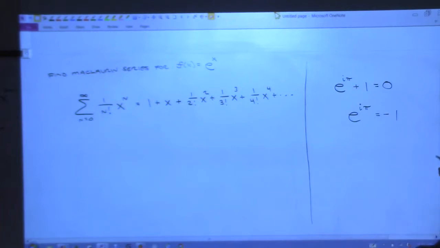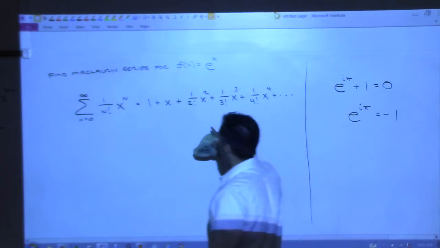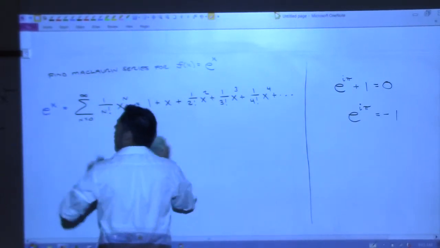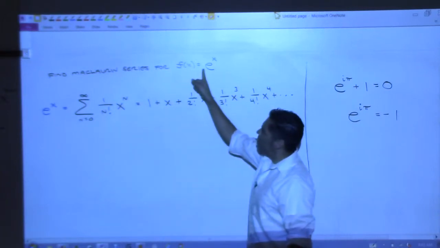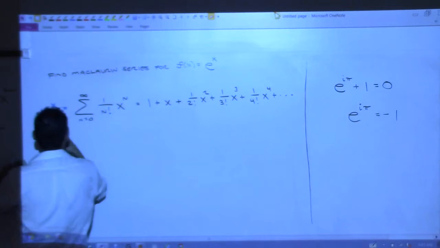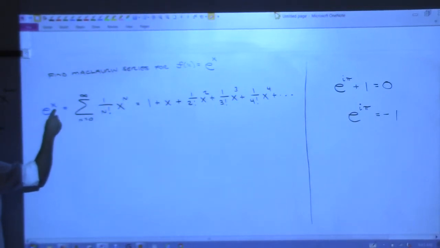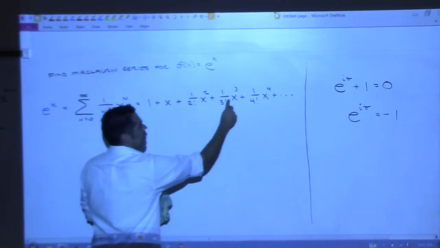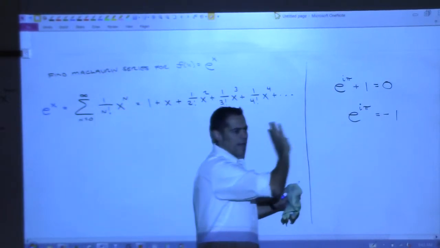Is this something that we should prove? Well, yeah, I mean, why not. I'm not going to ask you to prove it, but okay, you ready? Now, let's remember, this right here is e to the x, isn't it? This is the Maclaurin series for e to the x, which means that if you get on your calculator and plug in e cubed, e to the third power, it'd be the same as replacing that with 3, that with 3, that with 3, that with 3, and then going out as far as you need to.